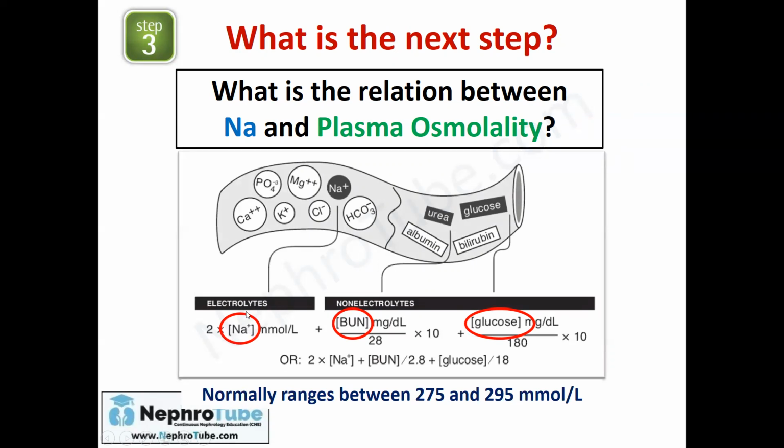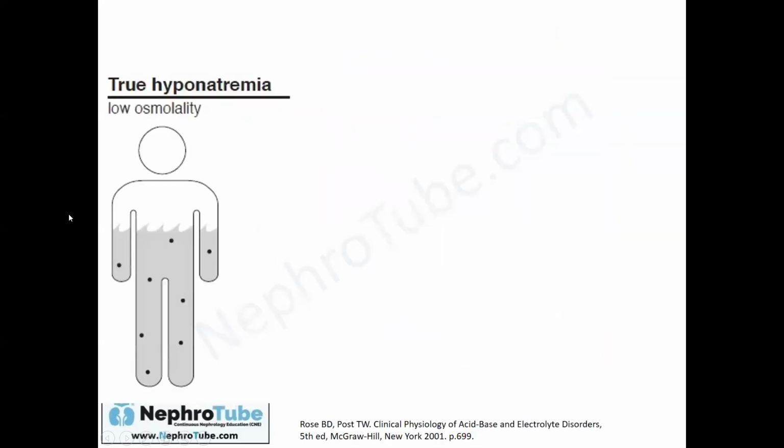One of the most important electrolytes affecting the plasma osmolarity is sodium. So logically, when sodium is low, in case of hyponatremia, the plasma osmolarity will be low. So in true hyponatremia, where sodium is actually low, the plasma osmolarity will be low.